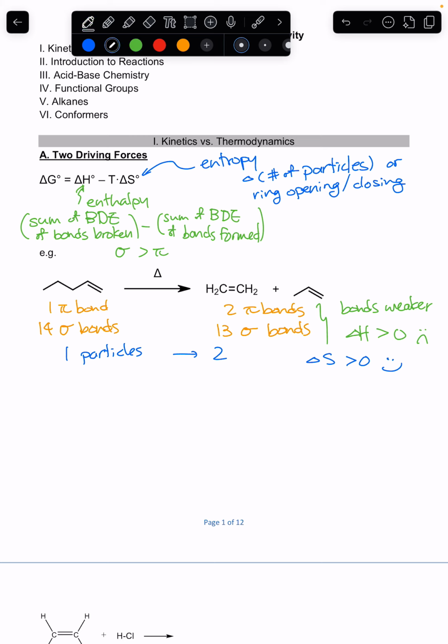This is an entropy driven reaction. And in fact, what happens is the entropy factor becomes bigger and bigger as temperature increases, and that's why heat is required.